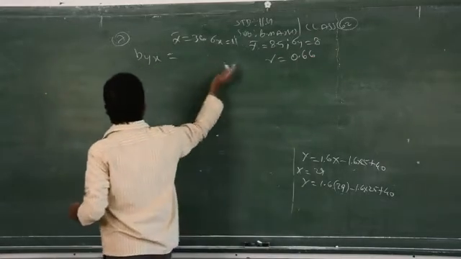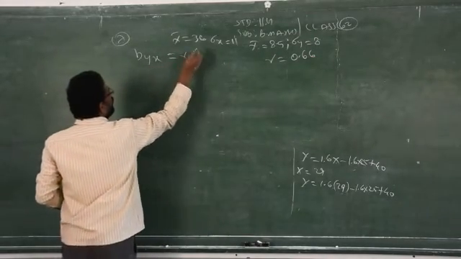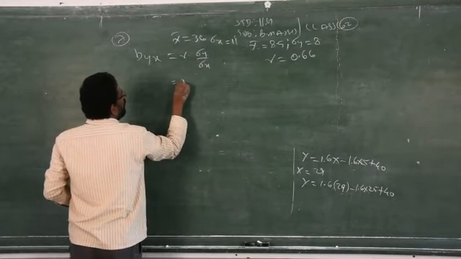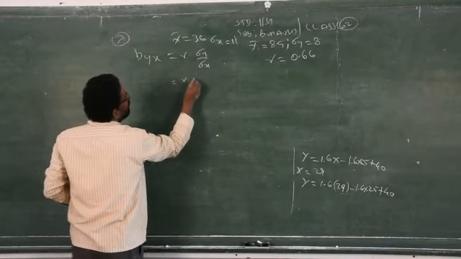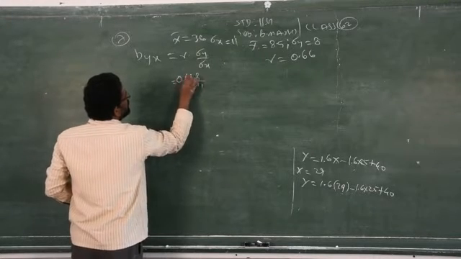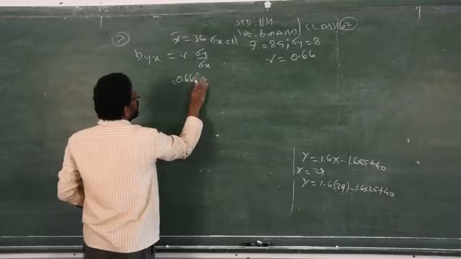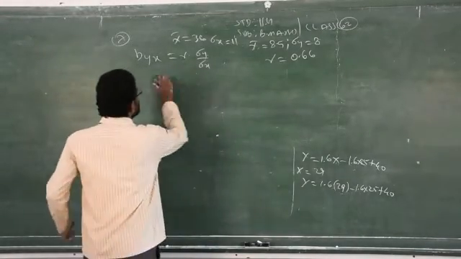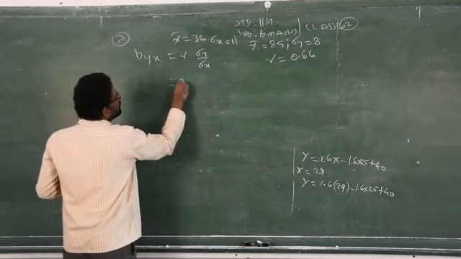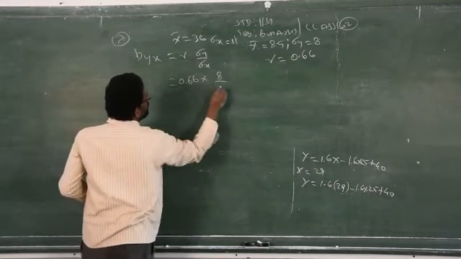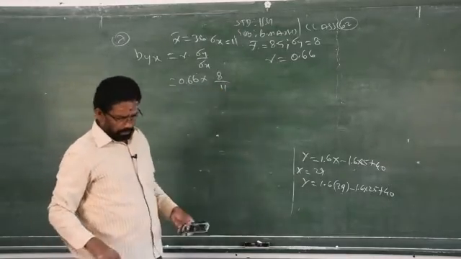You know the formula to find Bxy: R into sigma y by sigma x. Sigma y is 8, sigma x is 11, R is 0.66. Clear? Just multiply and see the answer. Substitute R 0.66 into sigma y 8, sigma x 11. Simplify, you will get the answer.